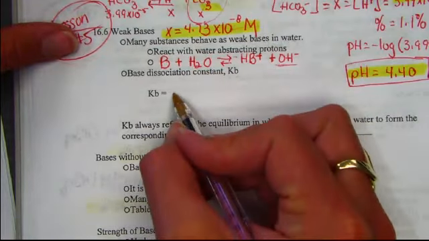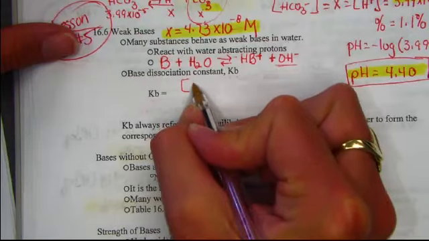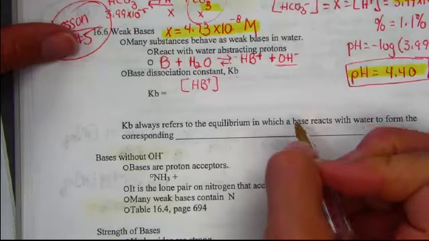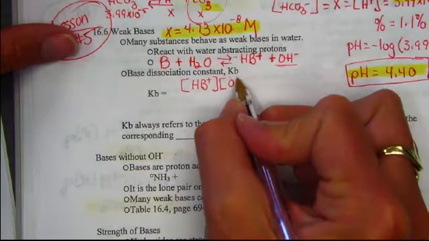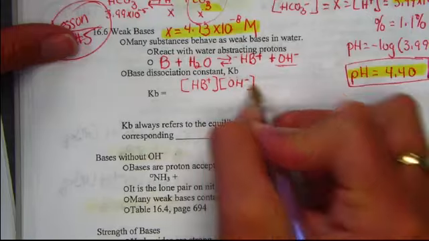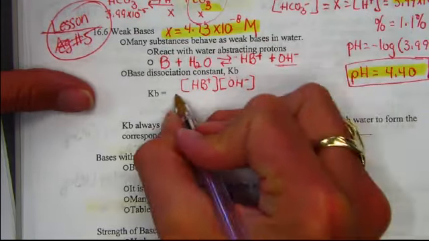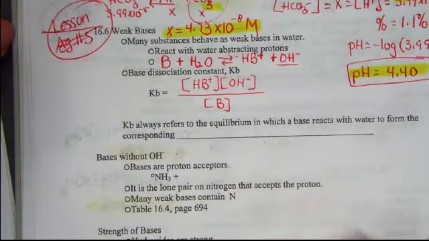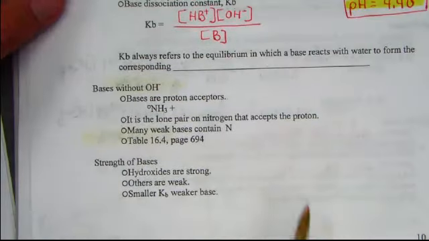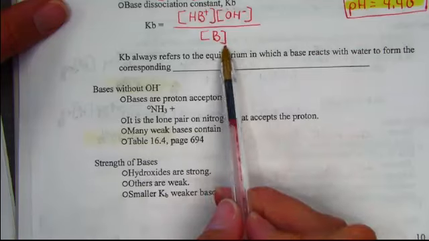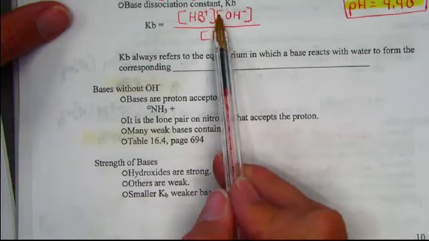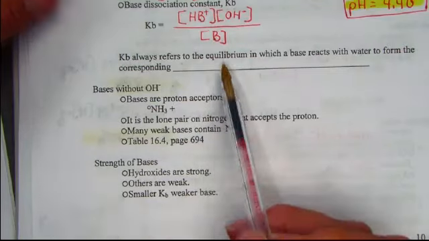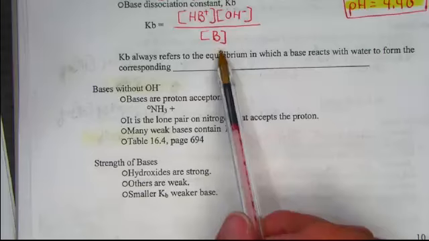Our expression then for Kb becomes the concentration of our conjugate acid, written as HB positive 1, times the concentration of our conjugate base, the hydroxide ion, over the original value of our base. Ions over molecule, dissociated over the undissociated form, products over reactants, all saying the same thing.